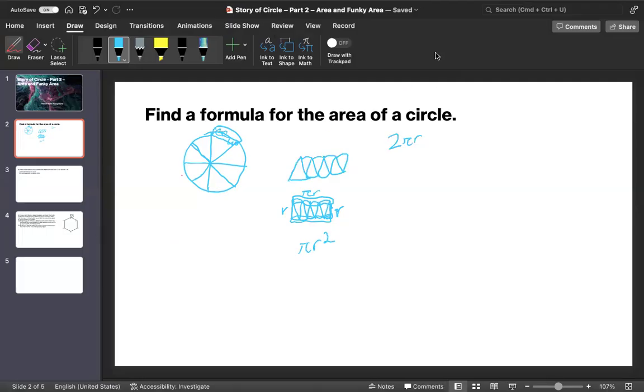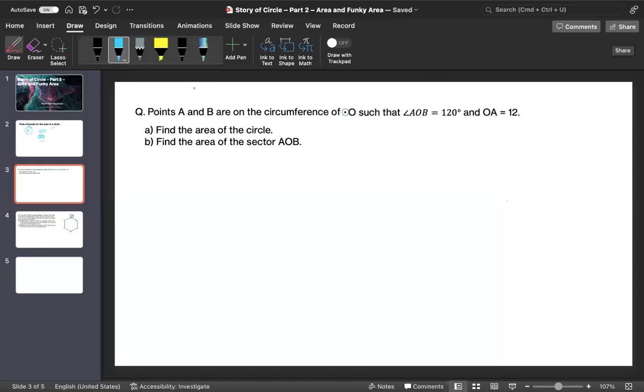Next question. Alright, so points A and B are on the circumference of a circle with center O, such that angle AOB is equal to 120 degrees and OA is equal to 12.